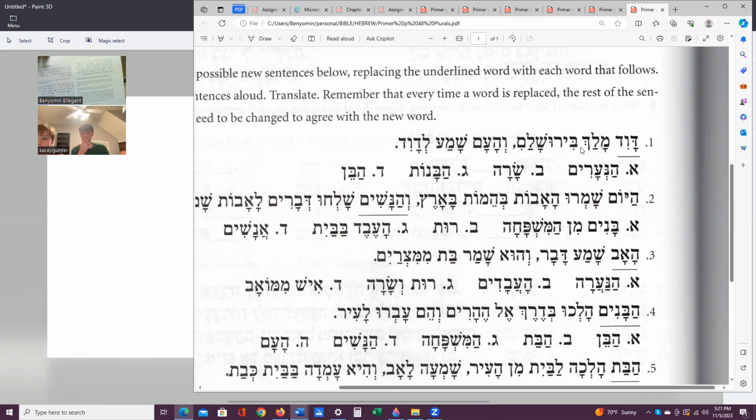What I do is after I've done the exercises, I underline those words, knowing which ones need to have been changed. And that way I check my homework by recognizing those words that were different from the first sentence.